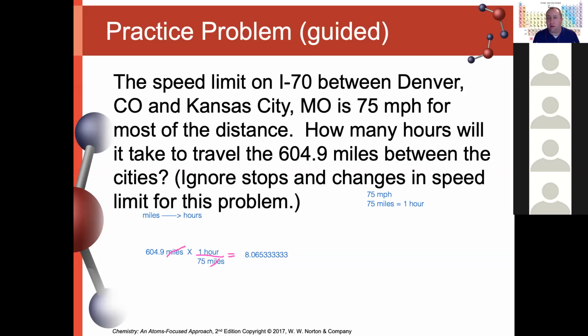Yeah, that's not a bad rule of thumb, but honestly, anything that is measured has uncertainty to it. That's really the approach that we need to take here. So we're going to round this. It'll be 8.1 hours.